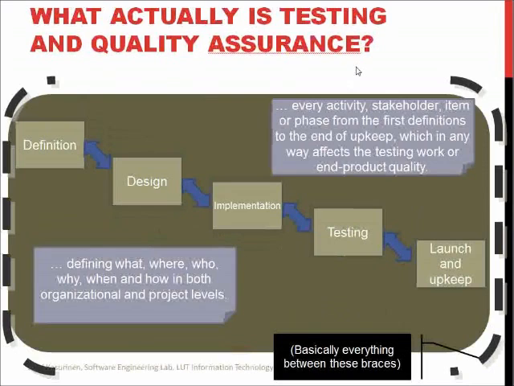So, what actually is testing and quality assurance is simple. It's every activity, stakeholder, item or phase, from the first definitions of the software product or first ideas of what we might do to the end of upkeep, which in any way affects the testing work or the end product quality, meaning that it's everything that's related to how good a product we are going to have.